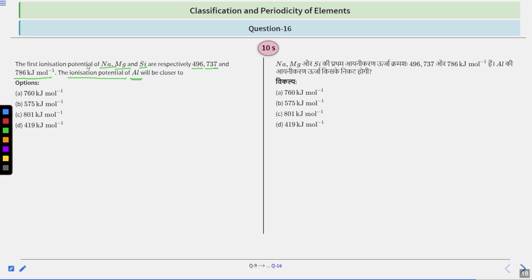We are given the first ionization potential values of sodium, magnesium, and silicon. Options are 760 kilojoule per mole, 575 kilojoule per mole, 801 kilojoule per mole, or 419 kilojoule per mole. You have 10 seconds to solve this question. After that, we will see the answer.